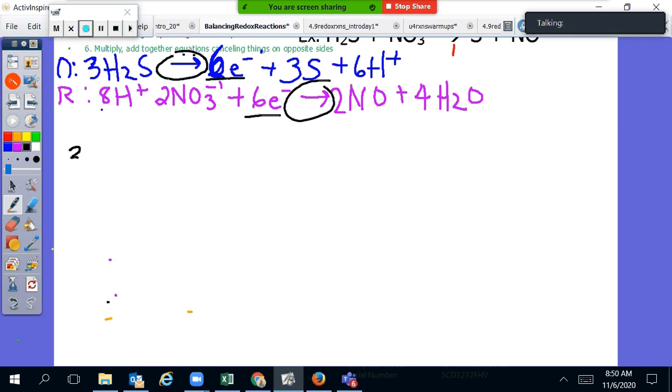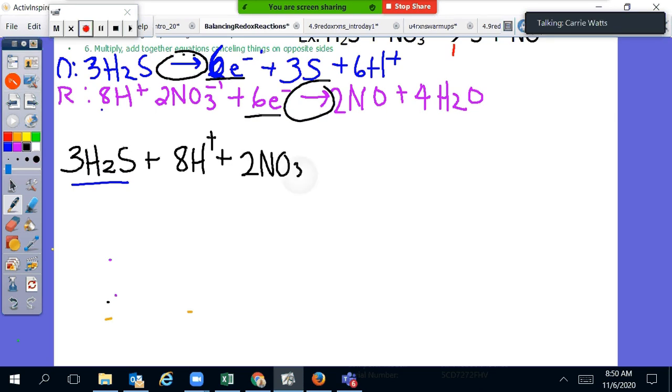So that's going to be 3H2S plus 8 hydrogen, that's from the reduction equation, so this is from the oxidation equation, plus 2NO3 -1, plus 6 electrons.